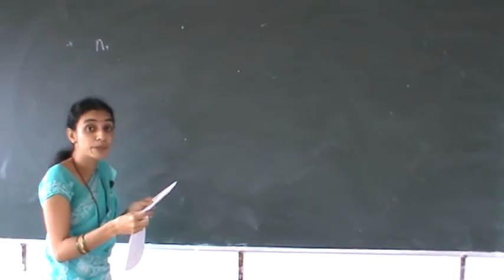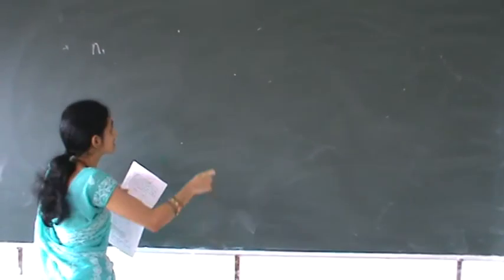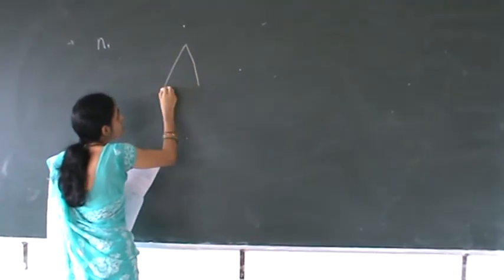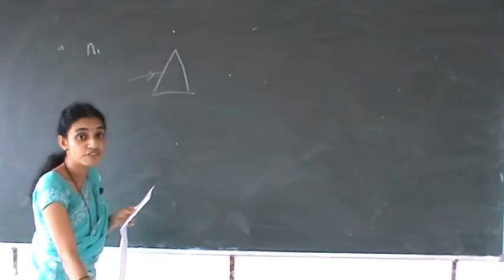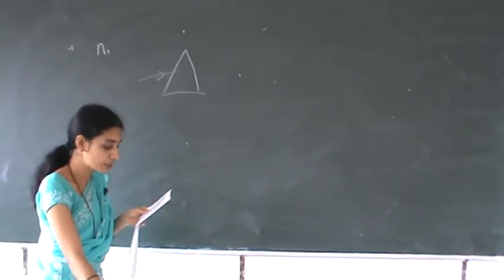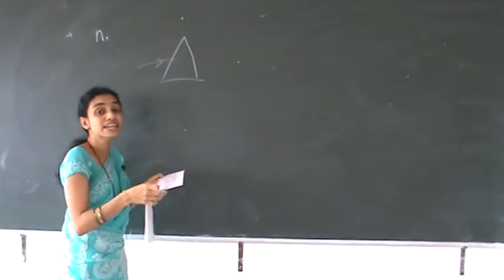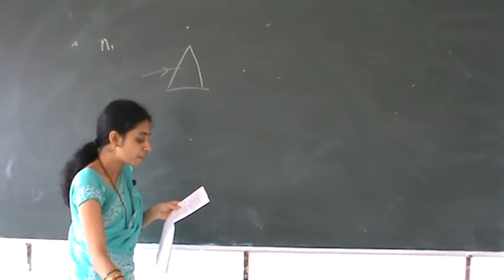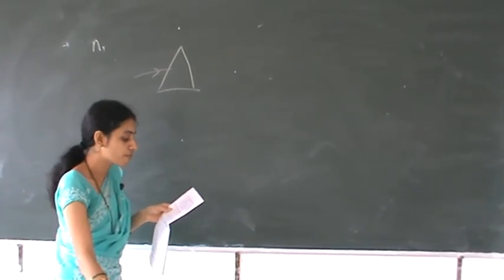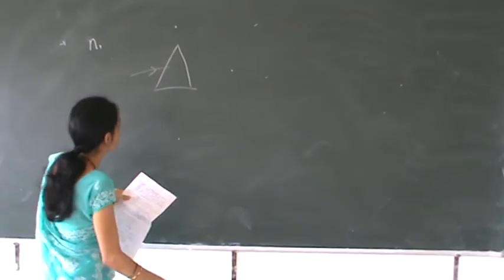A parallel beam of light is incident on one of the faces of the prism. By rotating the prism, the minimum angle of deviation is measured to be 40 degree.